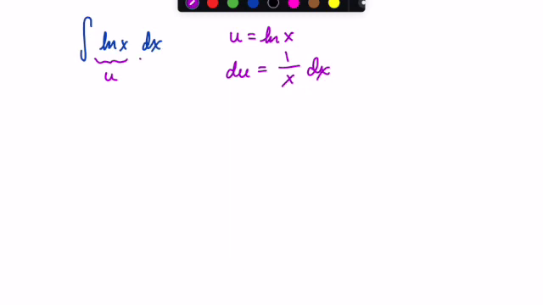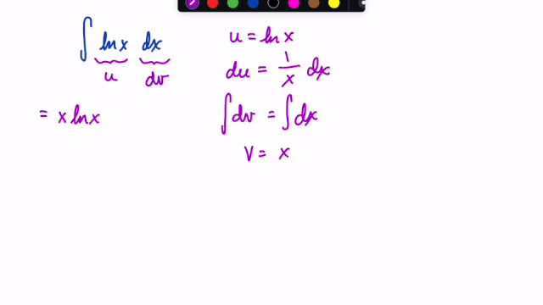So if dv is dx, slap some integrals in here. What does v equal? The integral of 1 dx is just x. So my integral of natural log of x dx, when I break it with integration by parts, is v times u, x times natural log of x, minus the integral of v du.